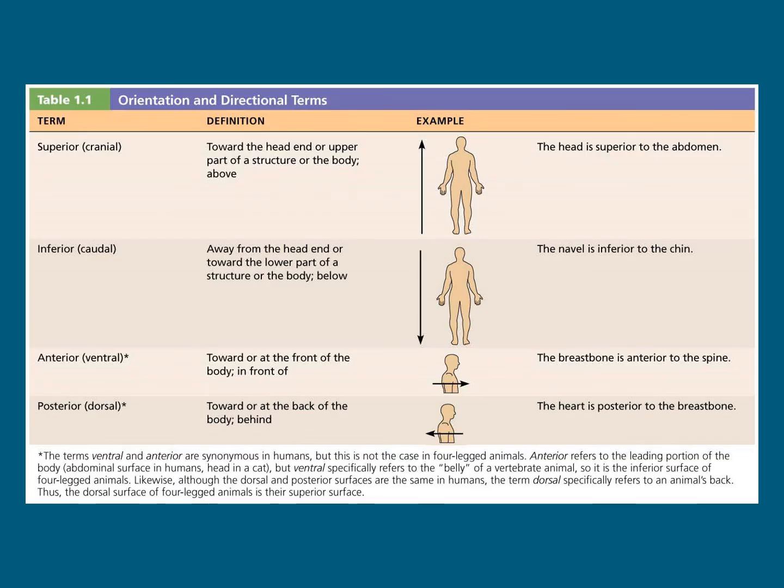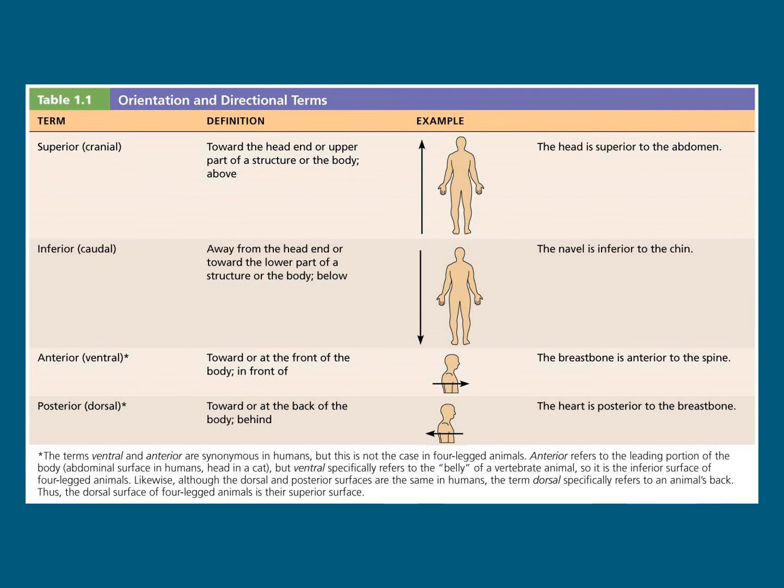So keep that in mind. These directional terms are usually in pairs, and you'll notice that sometimes in lecture there's obviously correlations to things that you will be learning in lab at the same time. So these directional terms, once again, body's in anatomical position, and like I said, they're pairs.